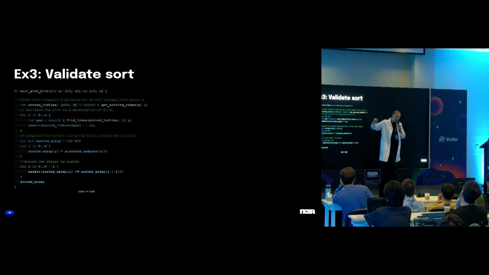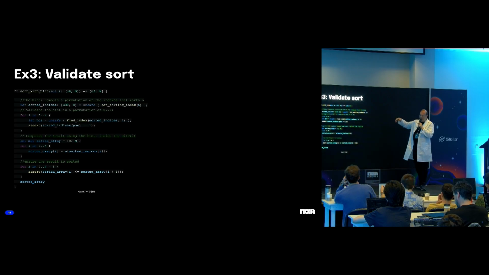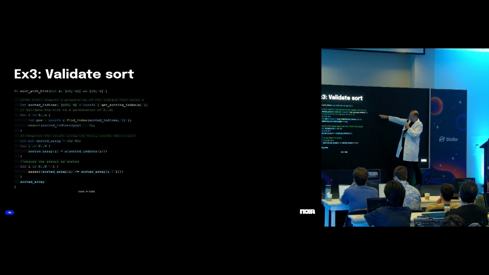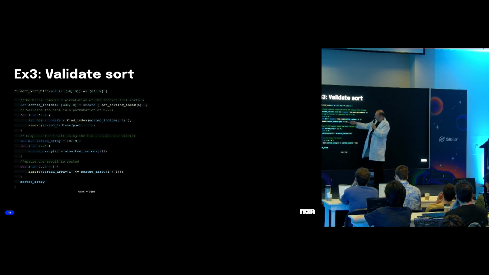If the second smallest one is at index 8, then the second element here will be 8, and so on. But this is totally unsafe for now. So what I need to do here is check that every element of these sorted indices corresponds to 0, 1, 2, up to n minus 1.